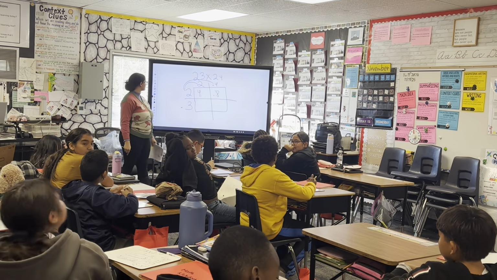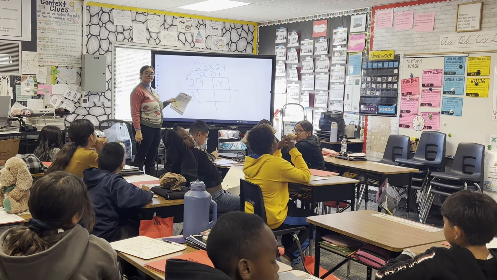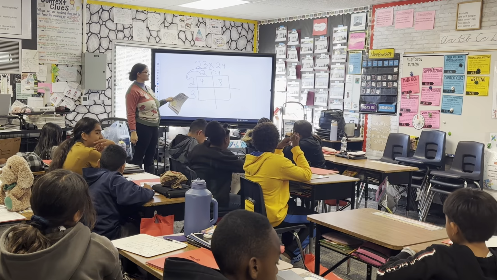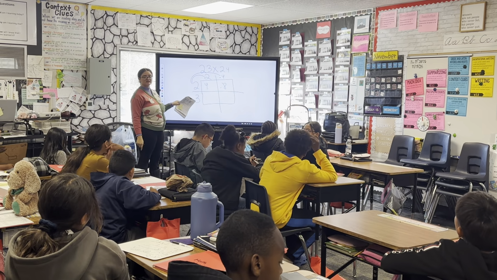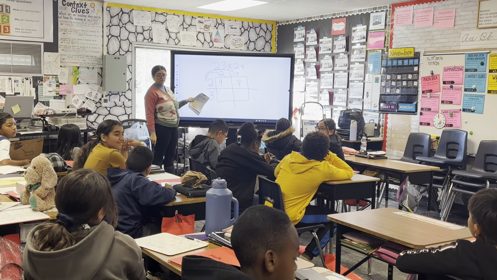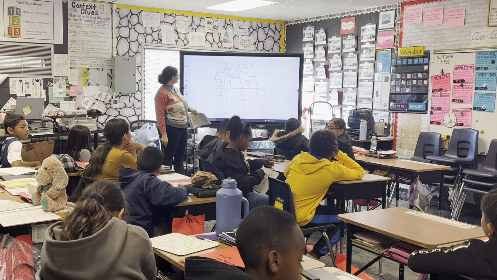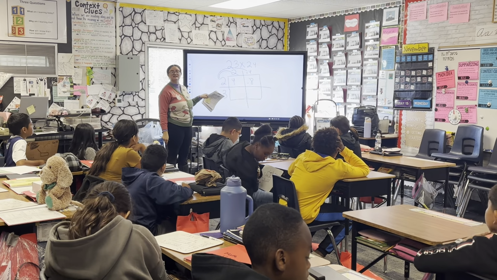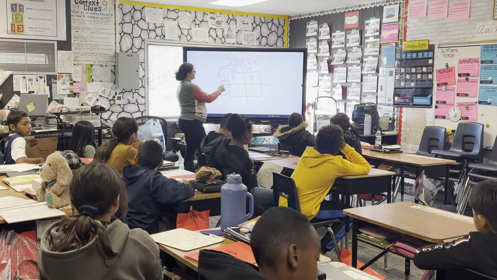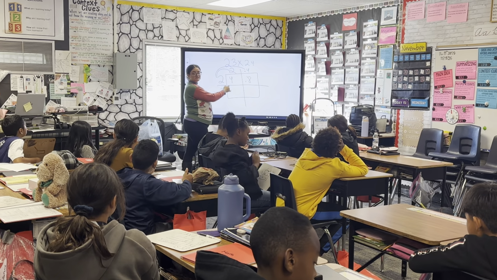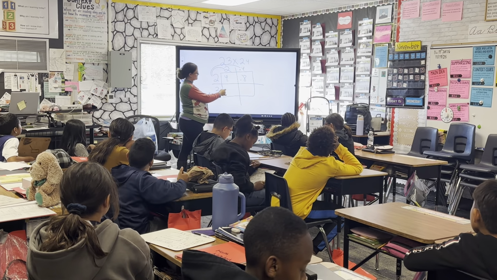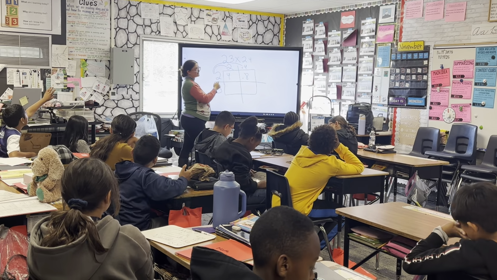3 times 2. Okay, 3 times 2. Is this just a regular 3? What place value is it in? It's in the tenth place. So what is this? 3 tenths, okay? So 3 tenths times 2 wholes is, so that's adding, what's 3 times 2?